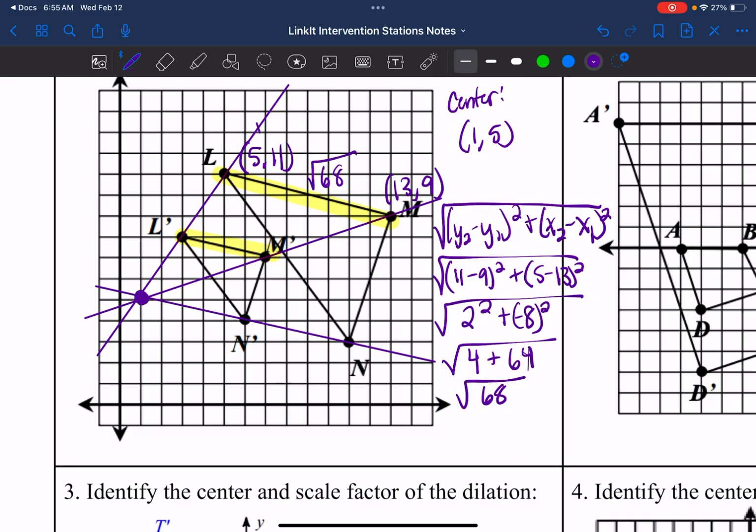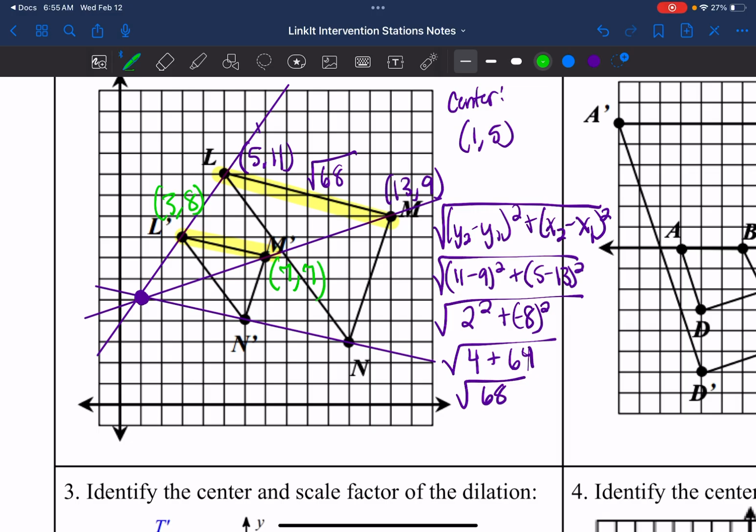Now let's find the length of L prime M prime. L prime is at (3, 8), and M prime is at (7, 7).